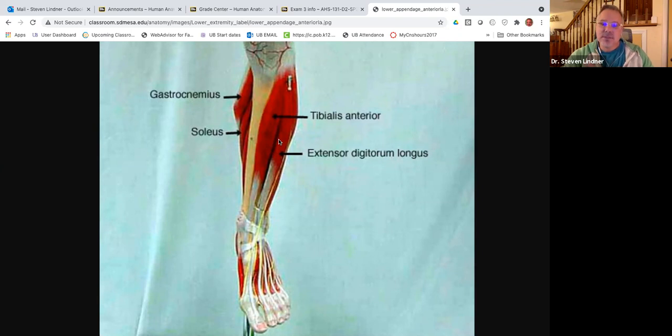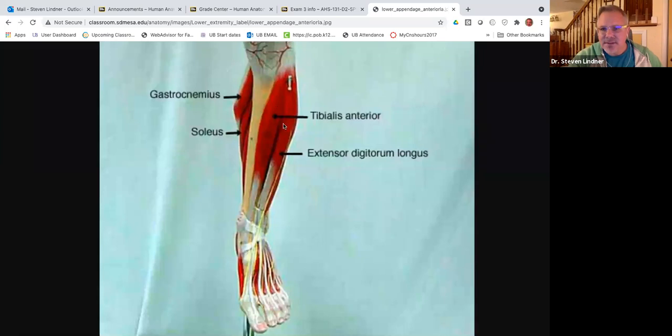But some of those muscles that cross the elbow also cross the wrist. And if they cross the wrist on the anterior, then they have to flex the wrist anteriorly, and that's called wrist flexion. Some of those also cross the fingers, so they can flex the fingers. So we apply that concept to what we see here.